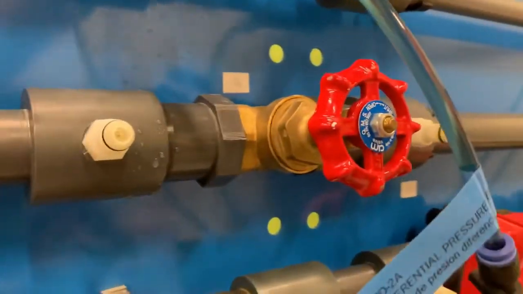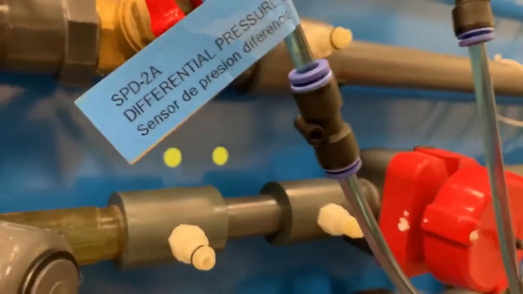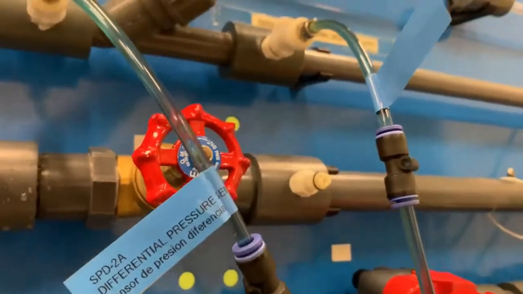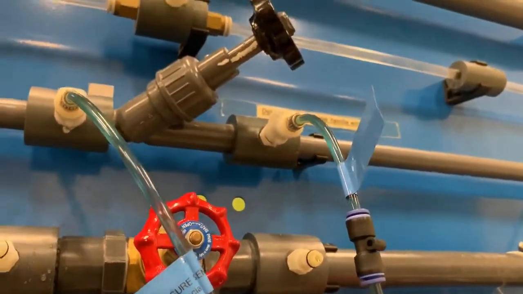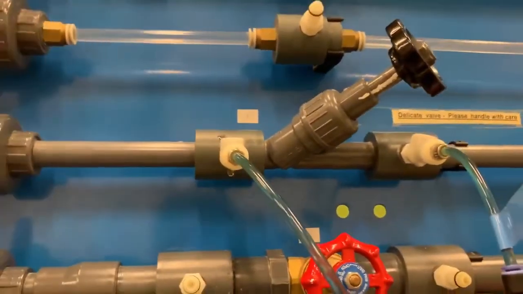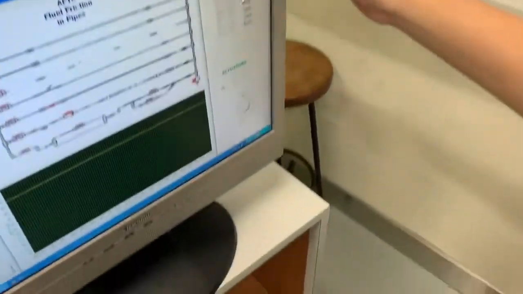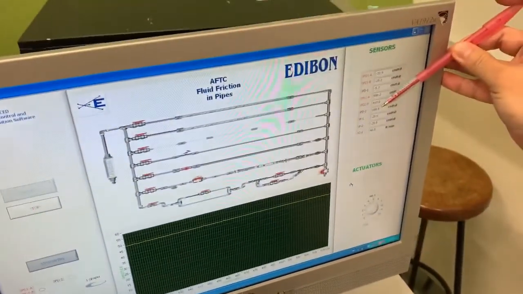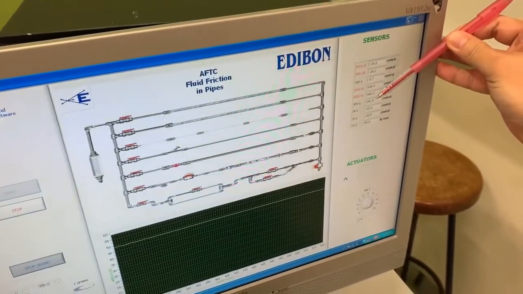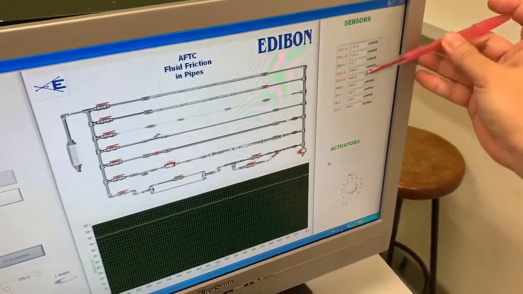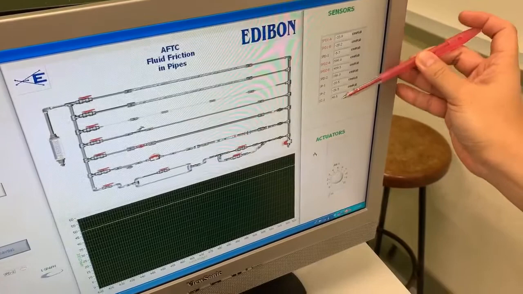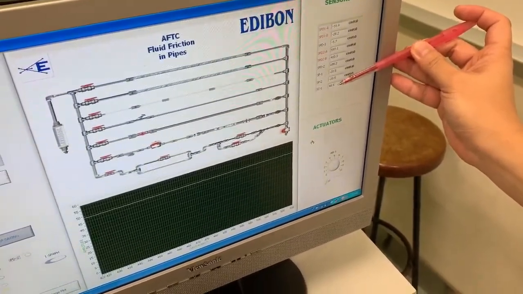Okay, now we turn it down by 1 turn. Now we are going to see the reading. Around no change, so we record down the differential pressure and the flow rate.